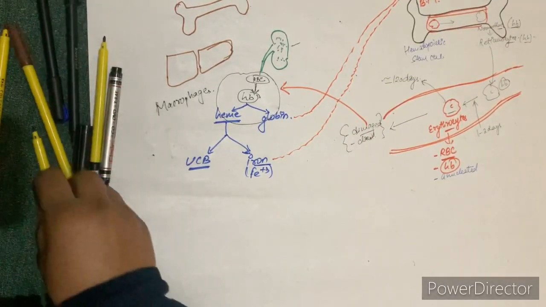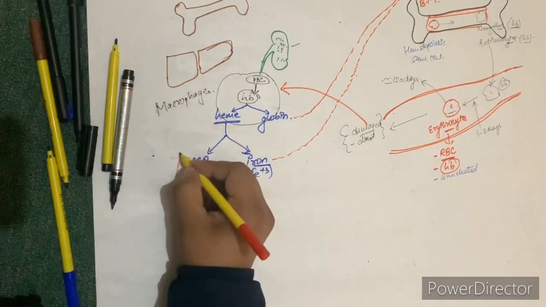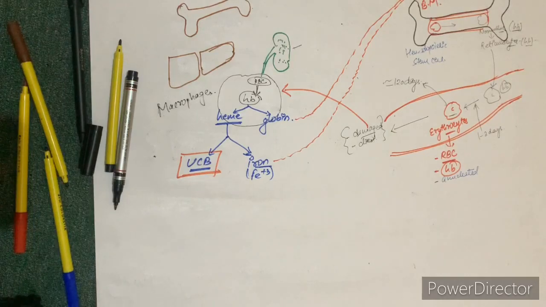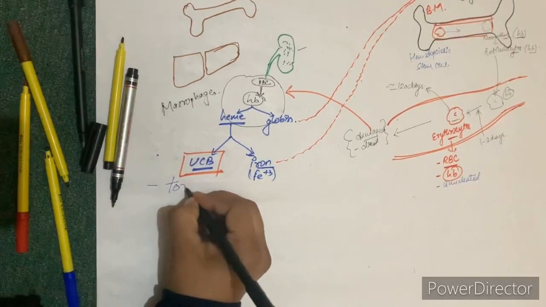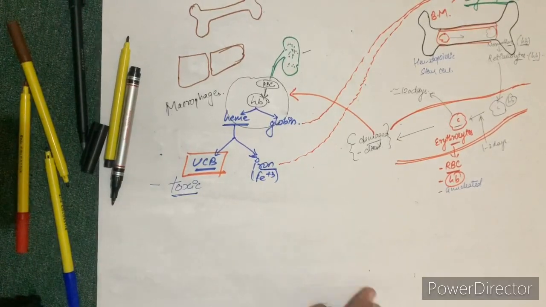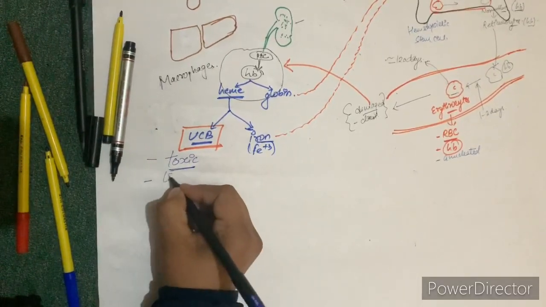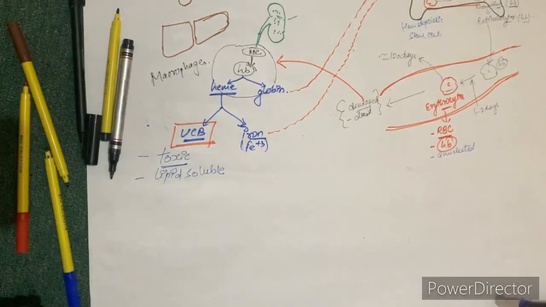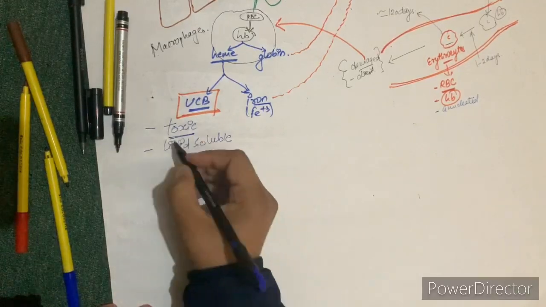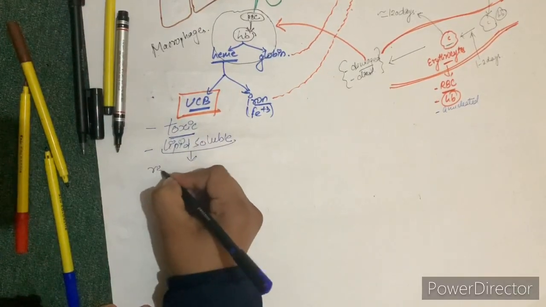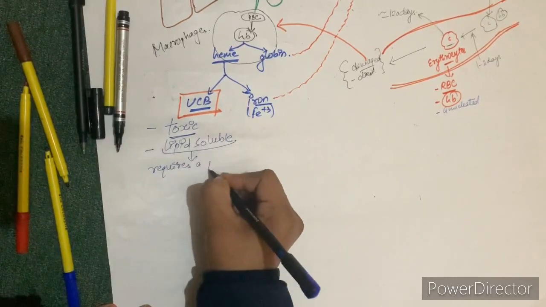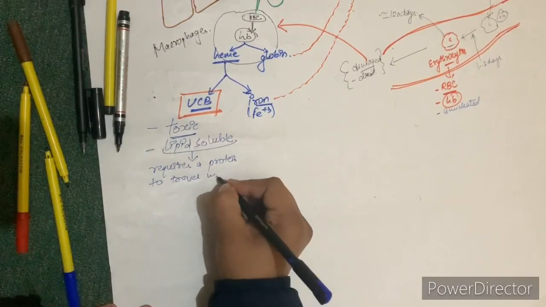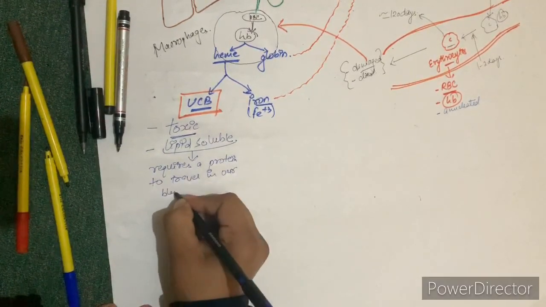Now the whole thing starts from here. This unconjugated bilirubin is very toxic to our body, and it is a lipid soluble molecule. So it requires a protein to travel in our blood.